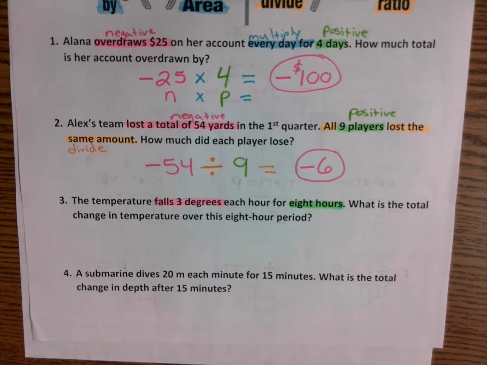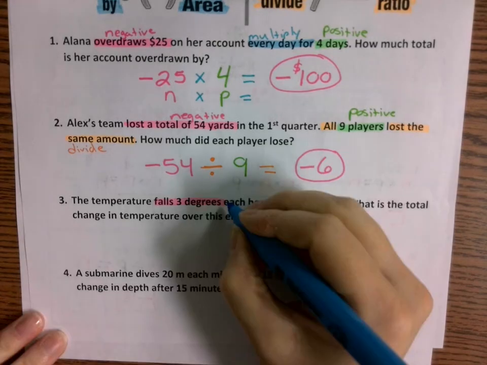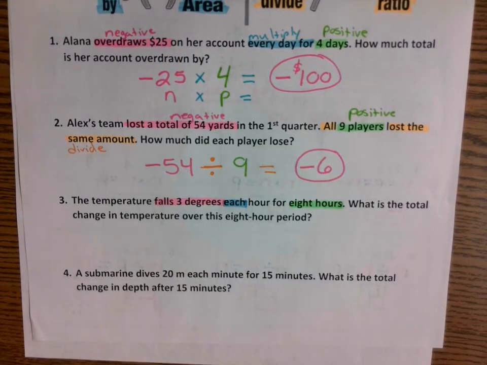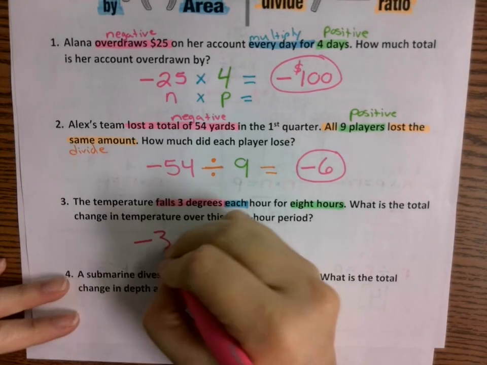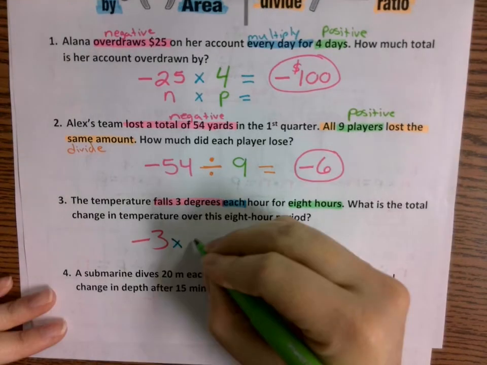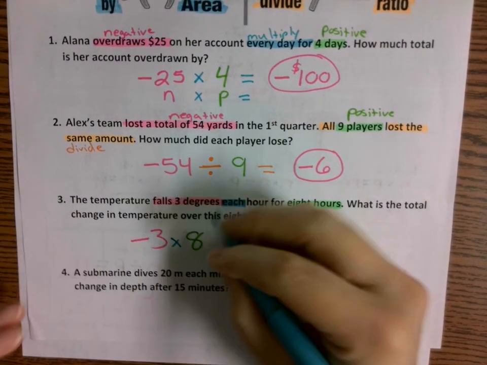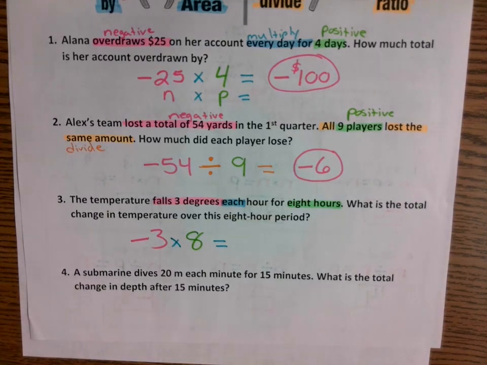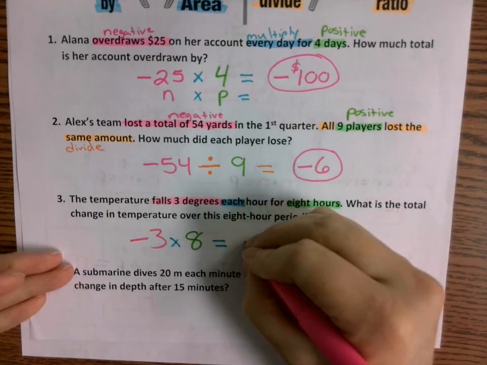Multiplication, so the term each. That term each is going to imply multiplication. So we are multiplying negative 3 times positive 8, and that's going to come out to negative 24. So it fell a total of 24 degrees after an 8-hour period.